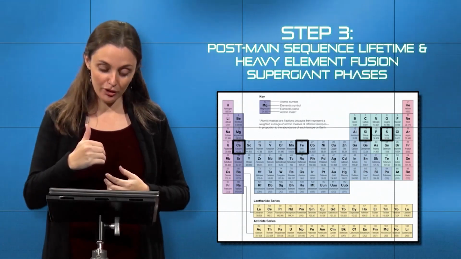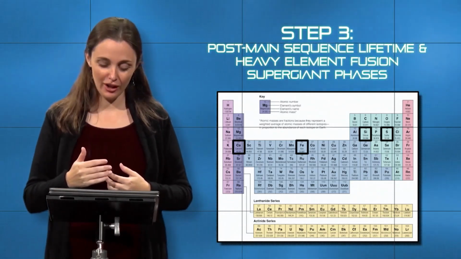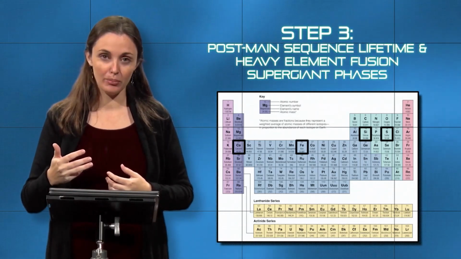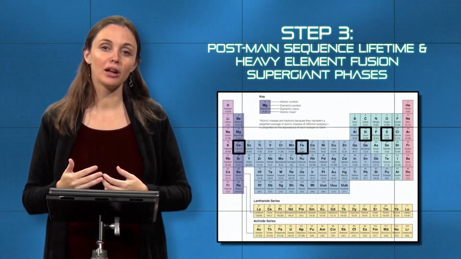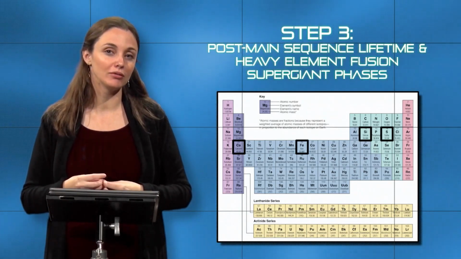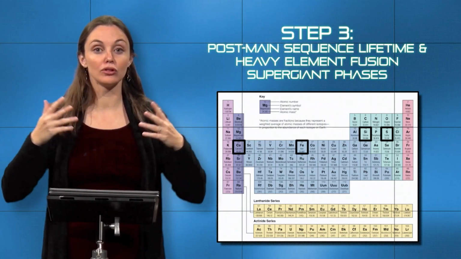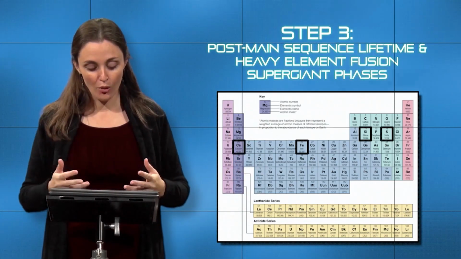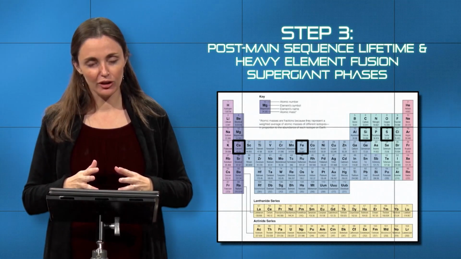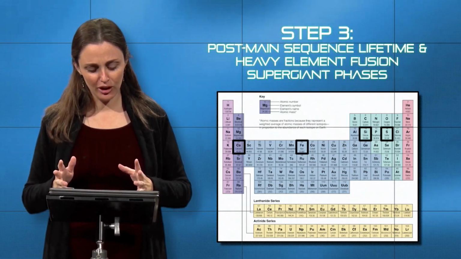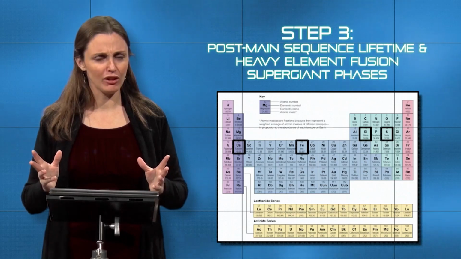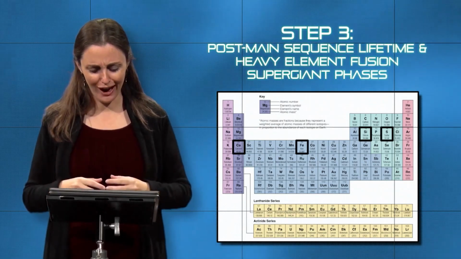So we get up to this point of forming iron, and if you look at all of those elements that are built up to the point of forming iron, they're pretty common on Earth, and we think they're pretty common amongst all the rest of the planets in our solar system and other systems. When you go beyond the point of iron, you see that everything else on the periodic table is really rare. Stuff that you don't really hear of too much.